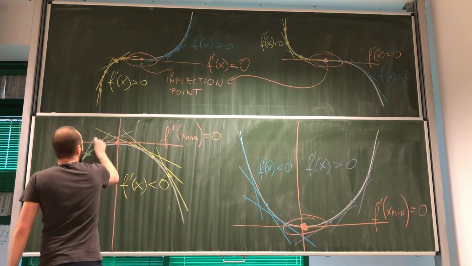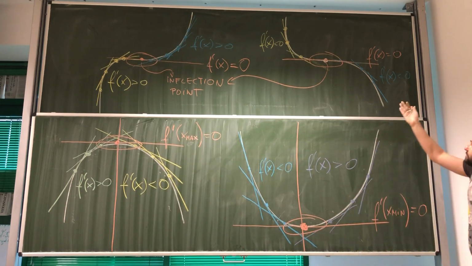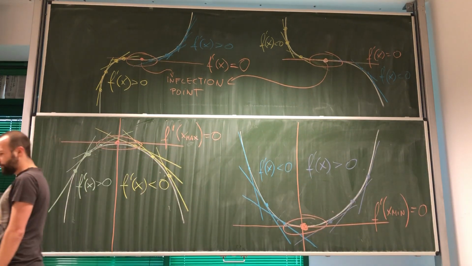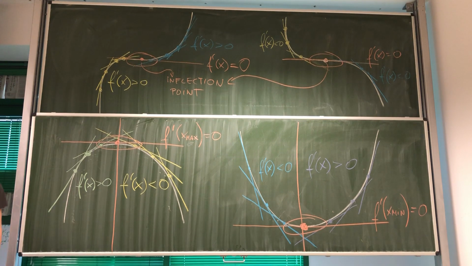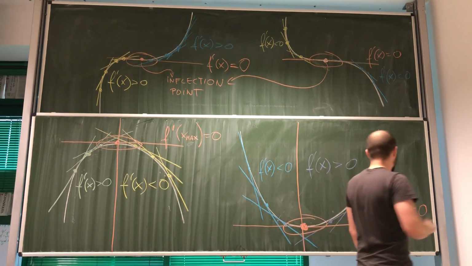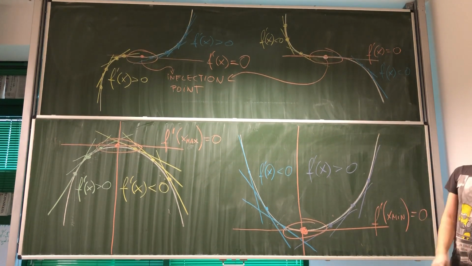And look, actually knowing about the first derivative is sufficient to establish that. But there is an easier way to do it using the second derivative. And look, this is what we're going to do in our next video.